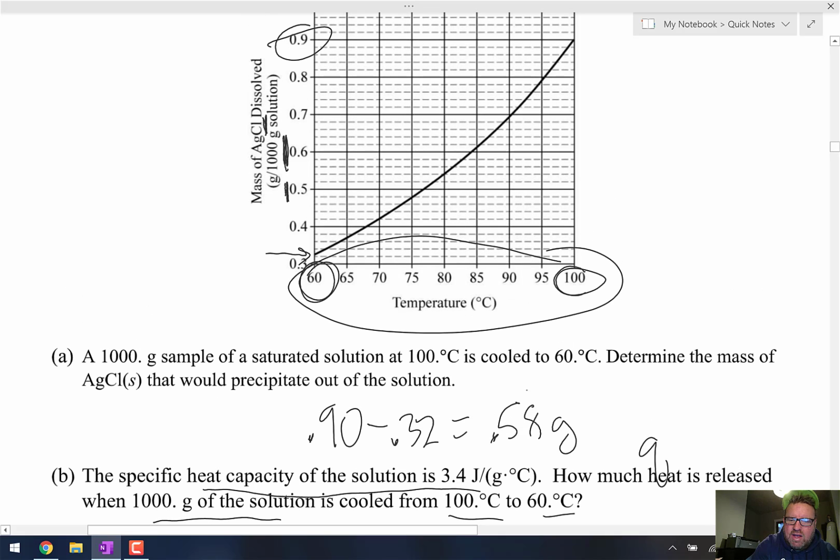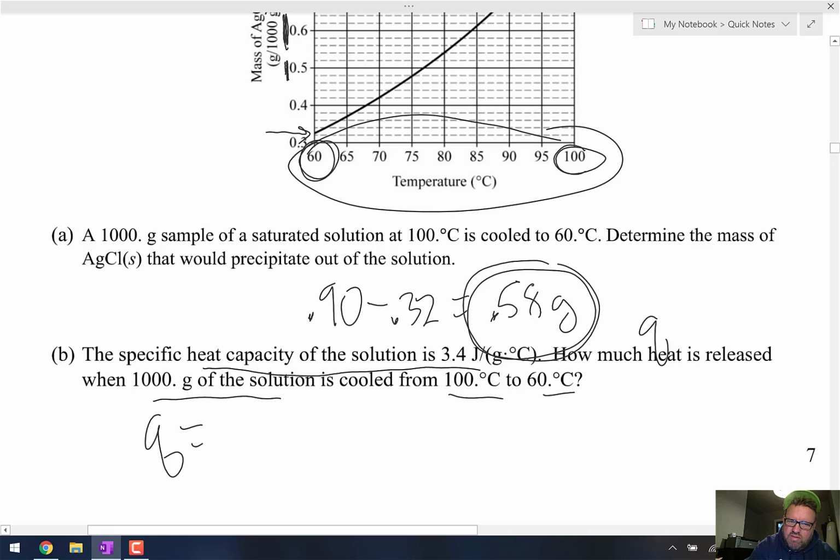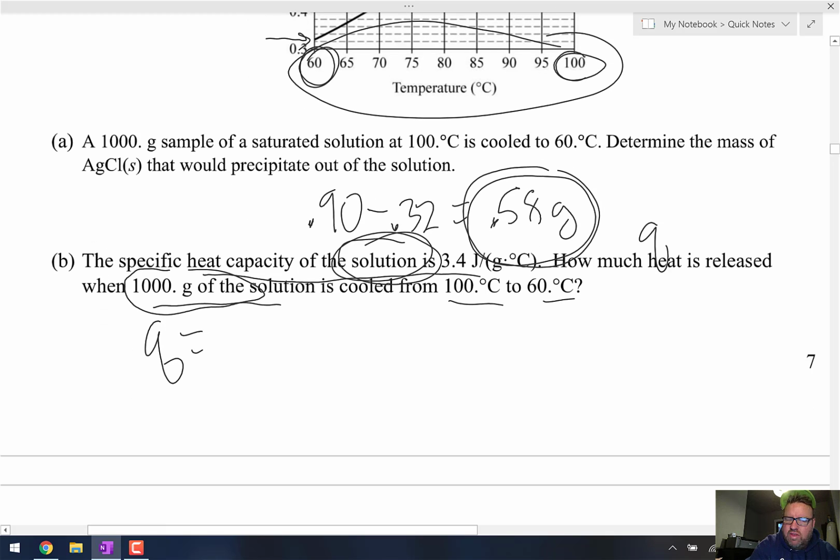Do we use the 0.58 grams of the amount that precipitated out, or do we use the 1,000 grams of the solution? It depends on what specific heat they give you. They don't give you the specific heat of AgCl. They give you the specific heat of the solution. So therefore we have to use the mass of the solution.